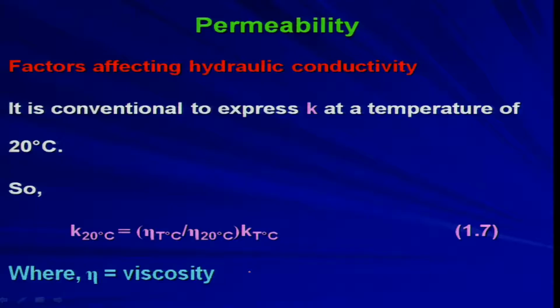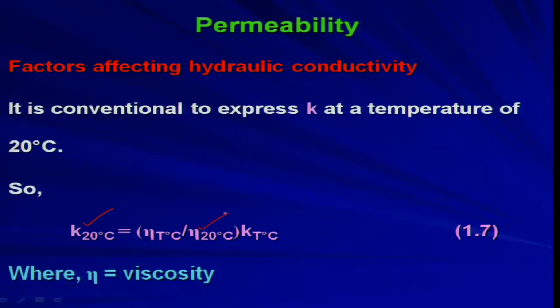So, if this K at 20 degrees centigrade is provided in the literature, then for eta at 20 degrees centigrade, if you are dealing with water as the pore fluid, you need to find out the viscosity of water at 20 degrees centigrade.